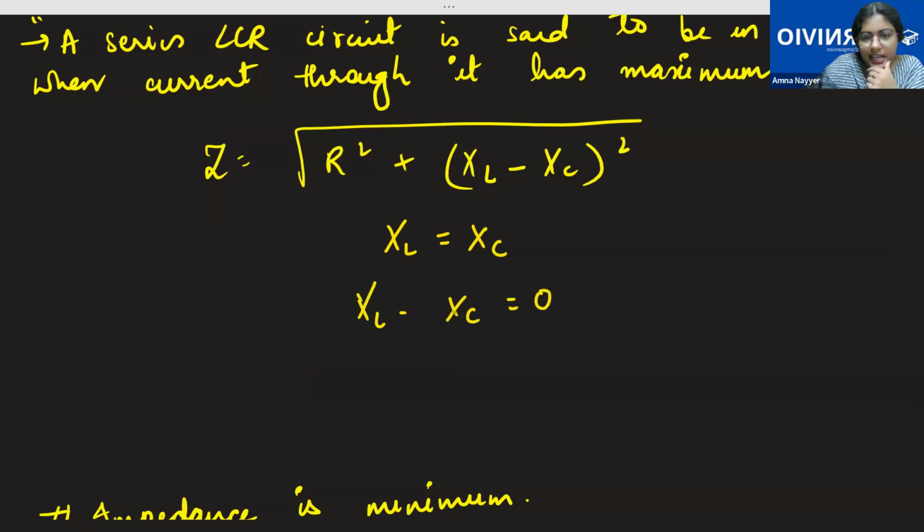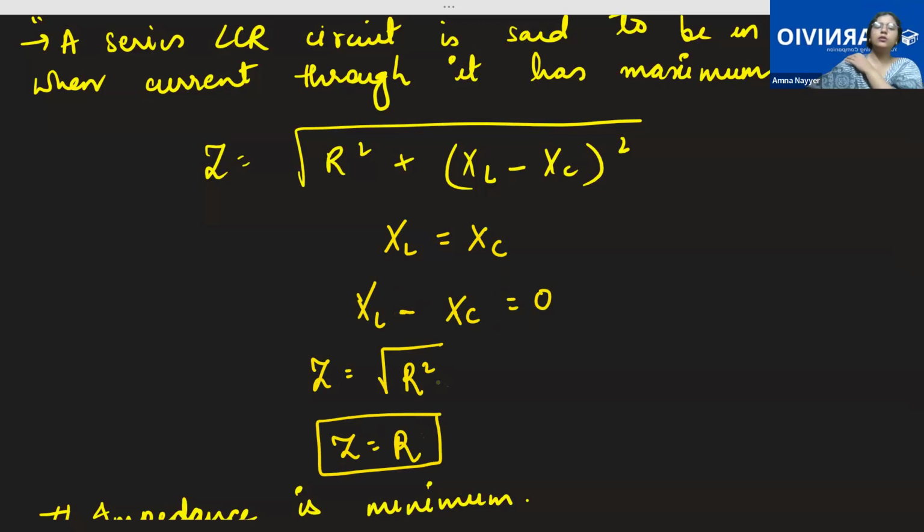So the value of Z will be equal to under root R square, where Z is equal to R. Earlier you were getting a bigger value of the impedance, because even after subtracting, it was greater than the individual value of resistance.